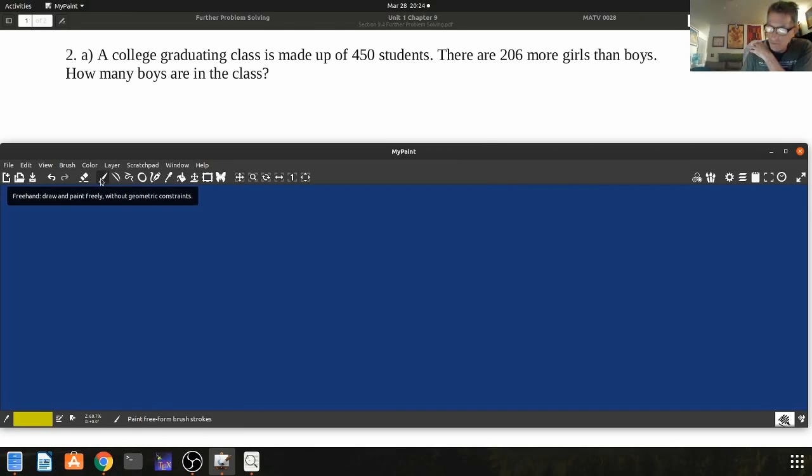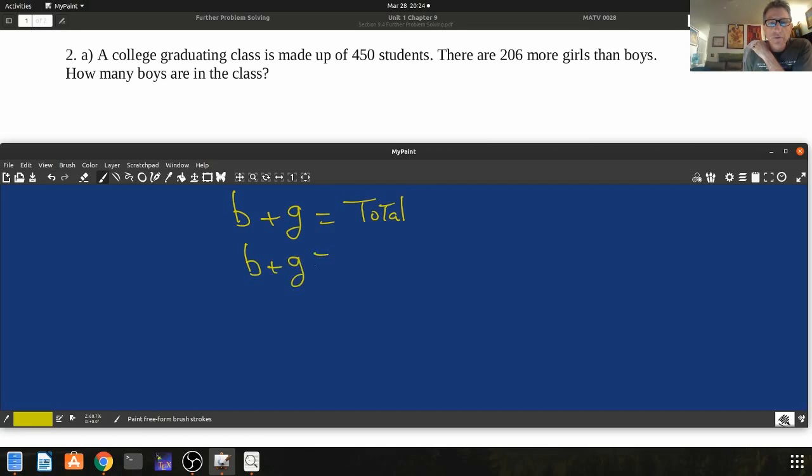And we know that the number of boys plus the number of girls is equal to the total number in the class. So that total is 450.